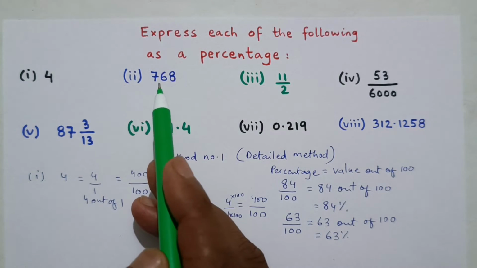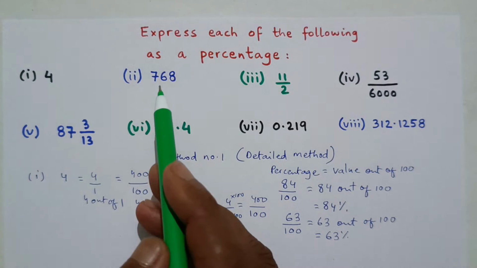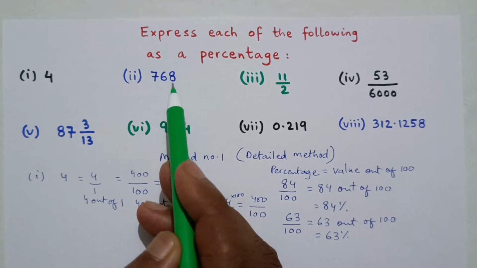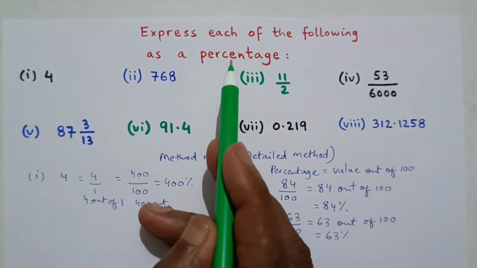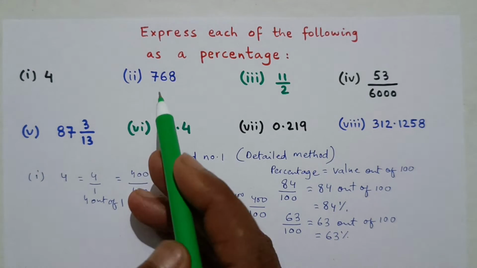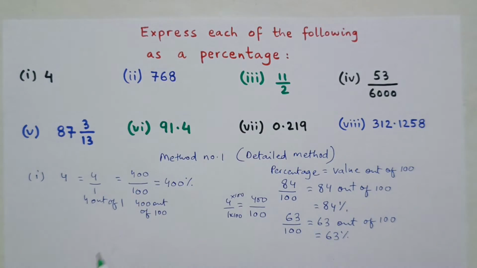So question number 2 is 768. We have to express 768 as a percentage. So we have to convert 768 into percentage.